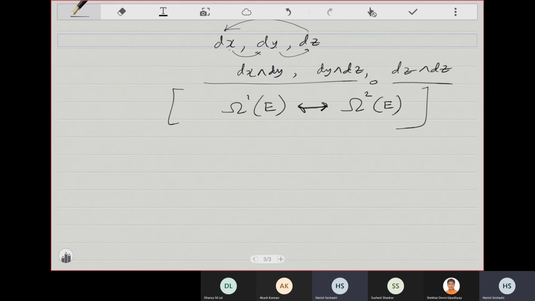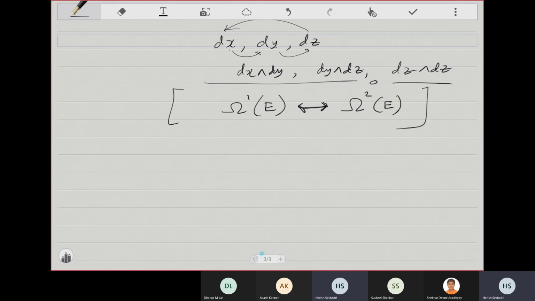But if you study differential geometry and topology further, it's a very important map. In higher dimensions also, there is such a map. It'll be from omega k to omega n minus k. There is some kind of duality going on in differential forms. But in dimension 3, it's quite evident.